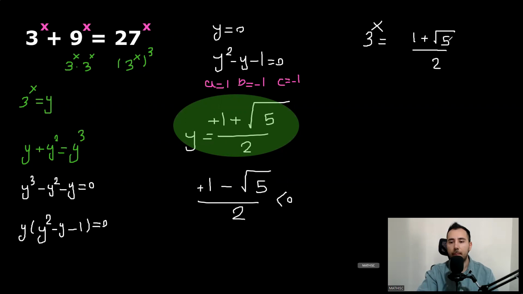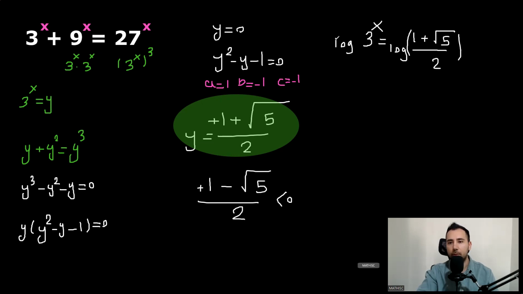Now, how to deal with this? Because x is in the power form, I'll add logarithms to both sides. And in logarithms, we know that x could be here.